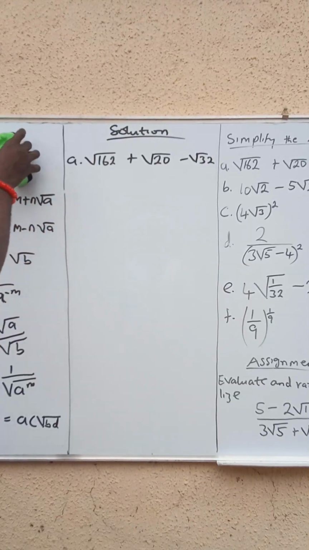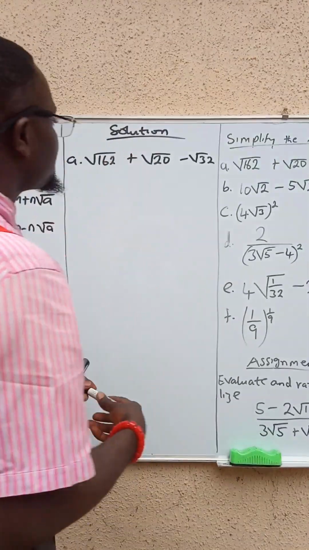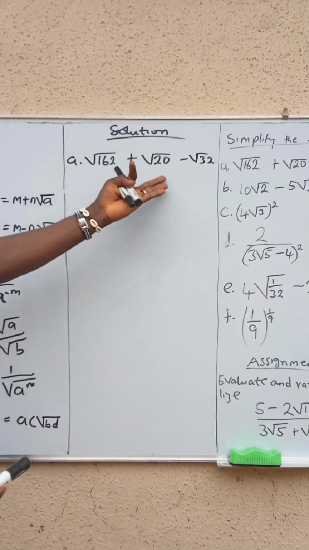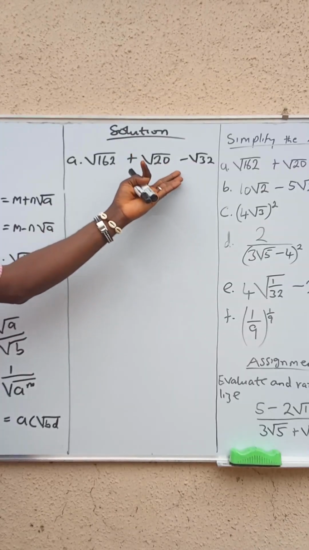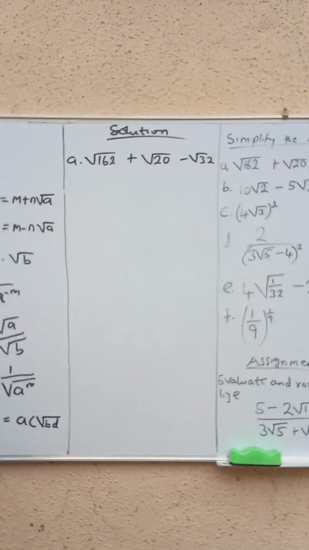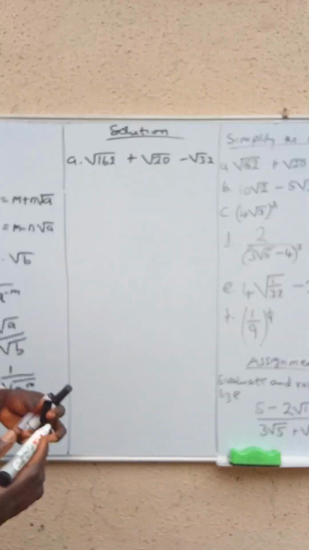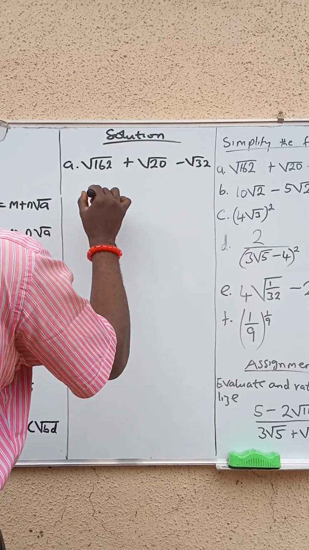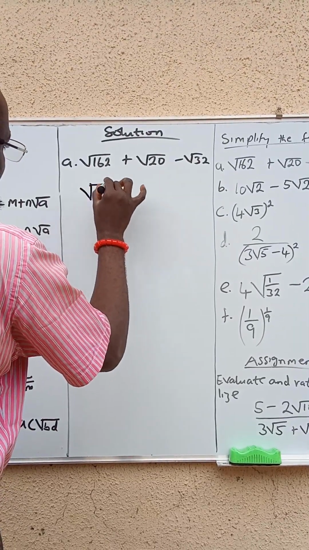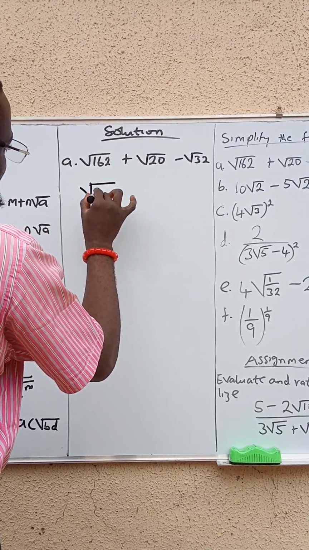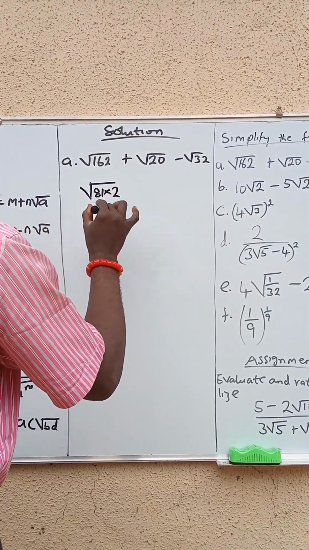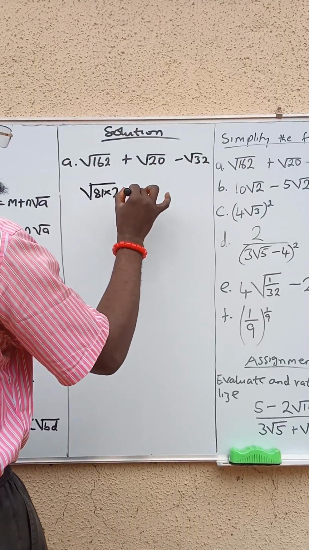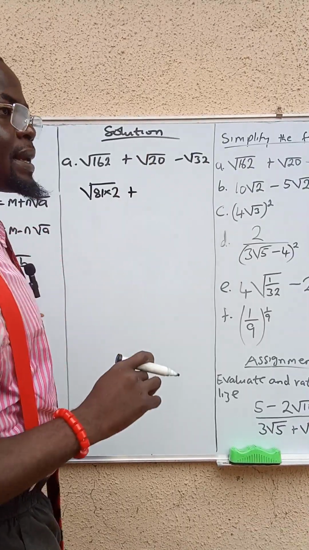Whenever you have anything and they tell you to simplify in this way, you just look at the numbers inside and check them very well. That's why I was asking for us to know. Now I have this one written as root 81 times 2, plus this is root 20.